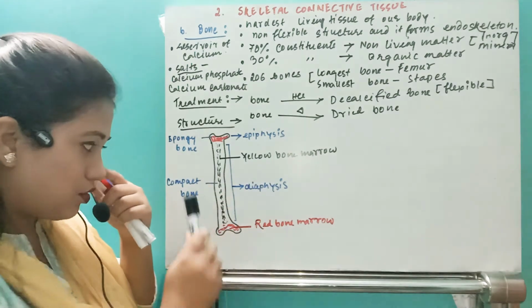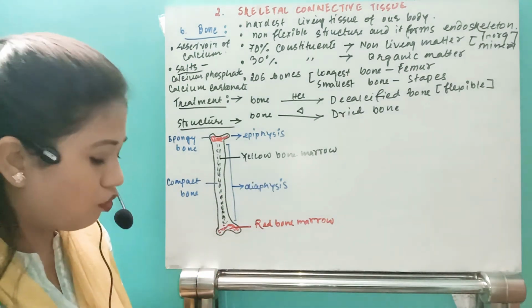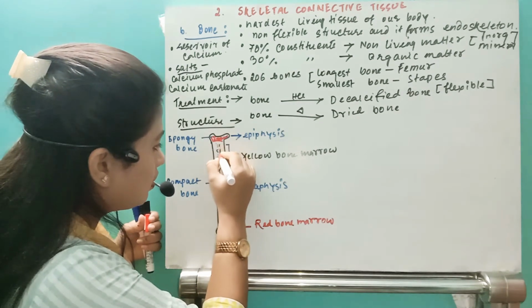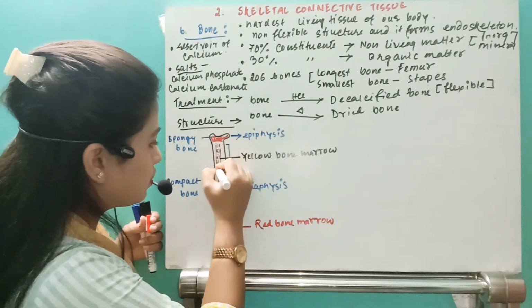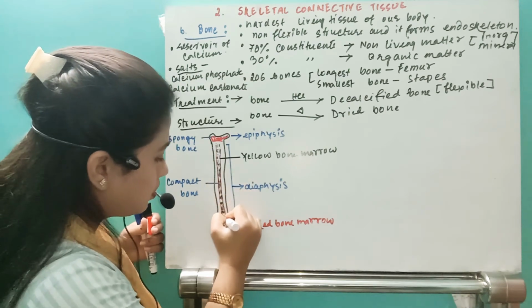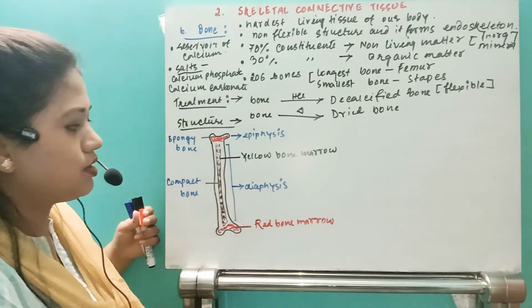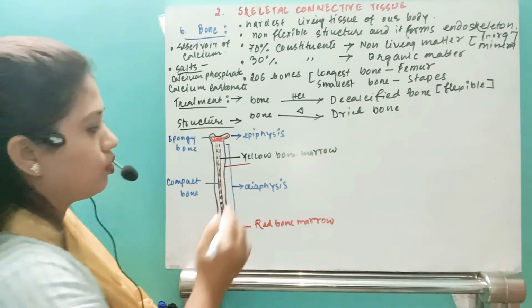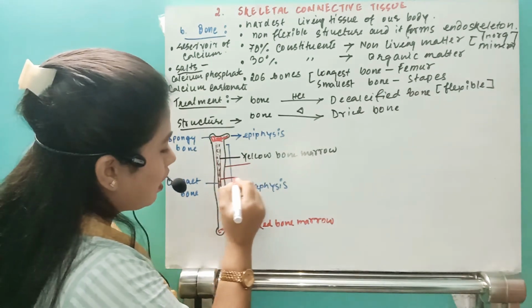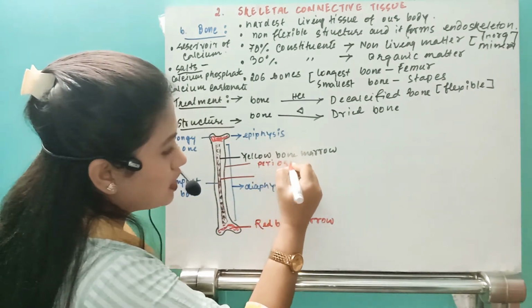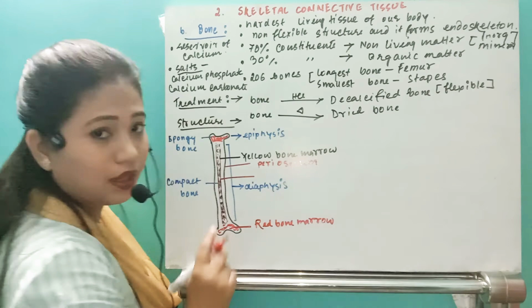So that's why adipose tissue will be found. Now this is the structure. In this bone we are also going to have this lining. Suppose this is the yellow bone marrow, right? Now just see, this outer lining of the bone will be known as the periosteum, right?